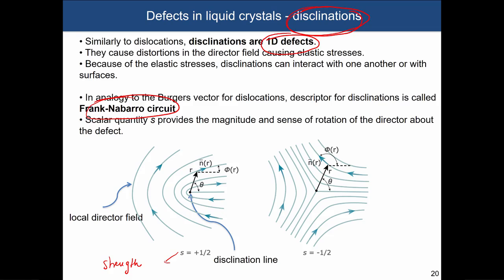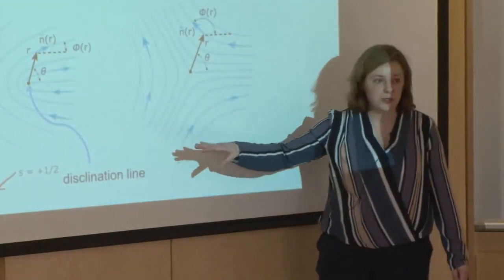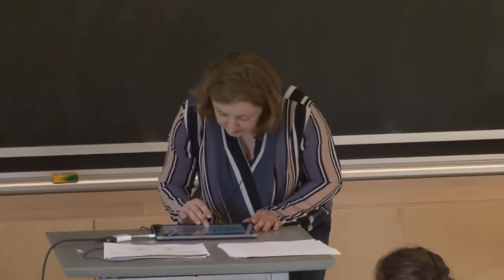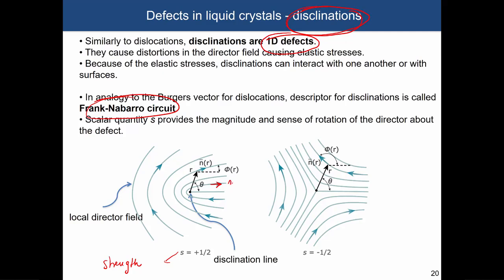What that simply means is that these are two different configurations and different ways in which the local director fields are changing. To explain, in this particular case, the director in this position goes from left to right, and in this other case, the director will be in this direction.